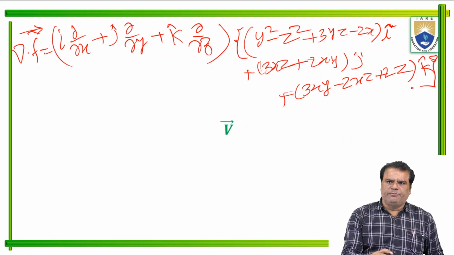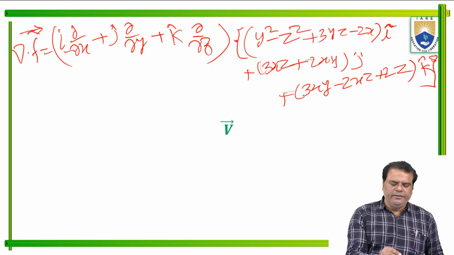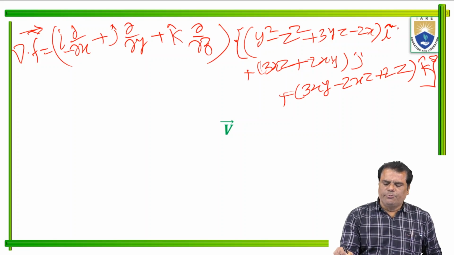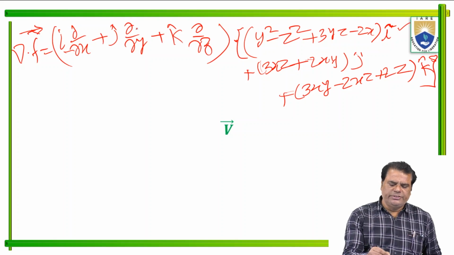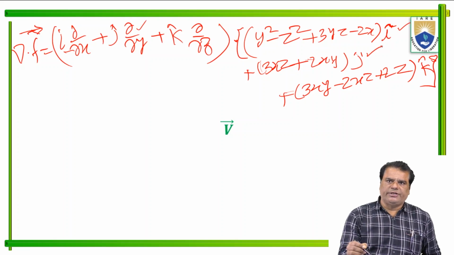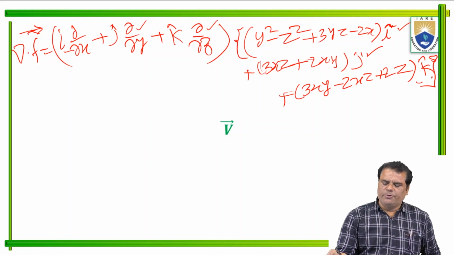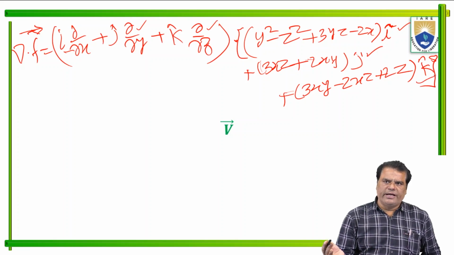So now taking the dot product: i with i, j with j, k with k. So i dot i is 1.